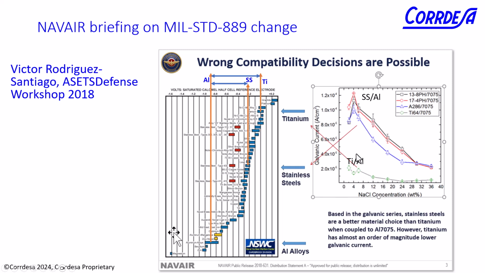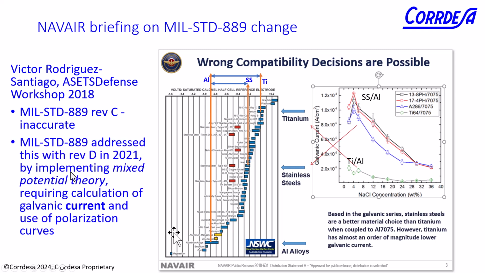And you can see for the titanium aluminum, it's actually much smaller, despite what the table said. So essentially, MIL-STD-889 used to use this potential galvanic series, and it was actually inaccurate for some cases like this. So MIL-STD-889 for galvanic corrosion has now actually been changed. It's a paradigm shift.